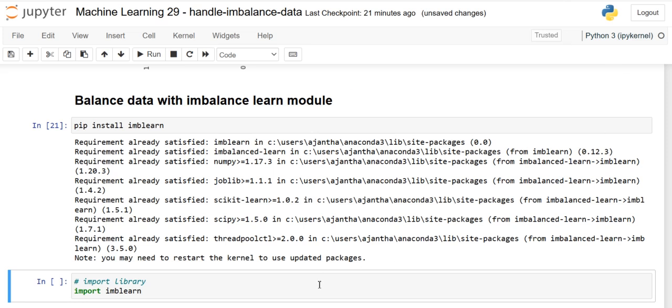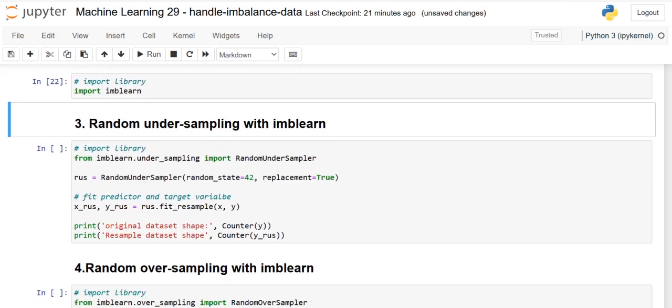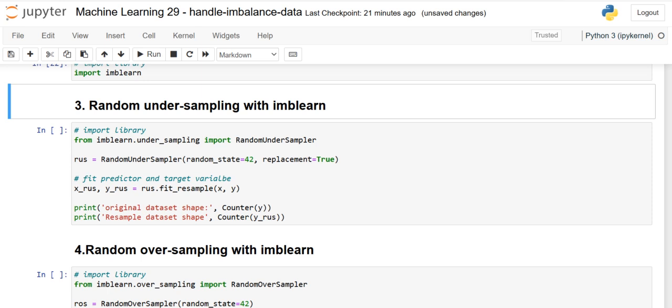Let me import that. This is another library used to sample imbalanced data and improve your model performance. Let me make use of RandomUnderSampler. Dear friends, RandomUnderSampler is a fast and easy way to balance the data by randomly selecting a subset of data for the targeted class.